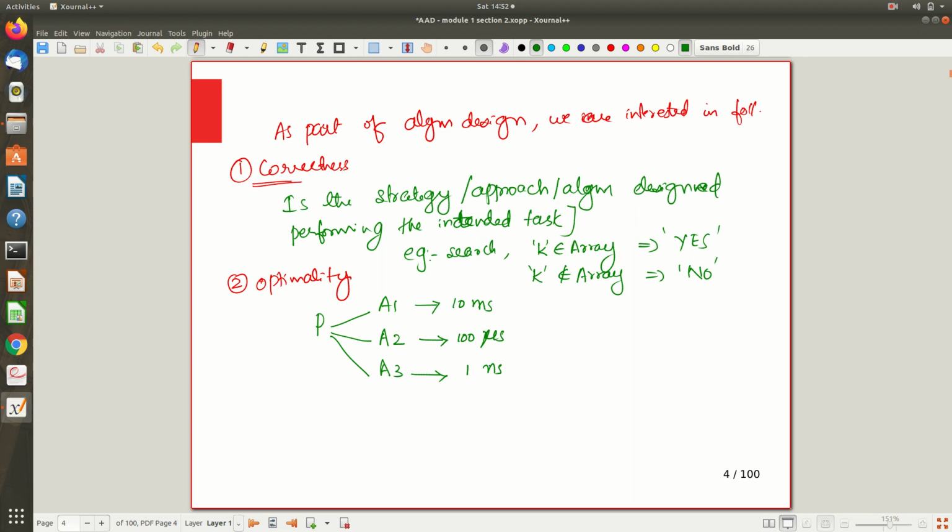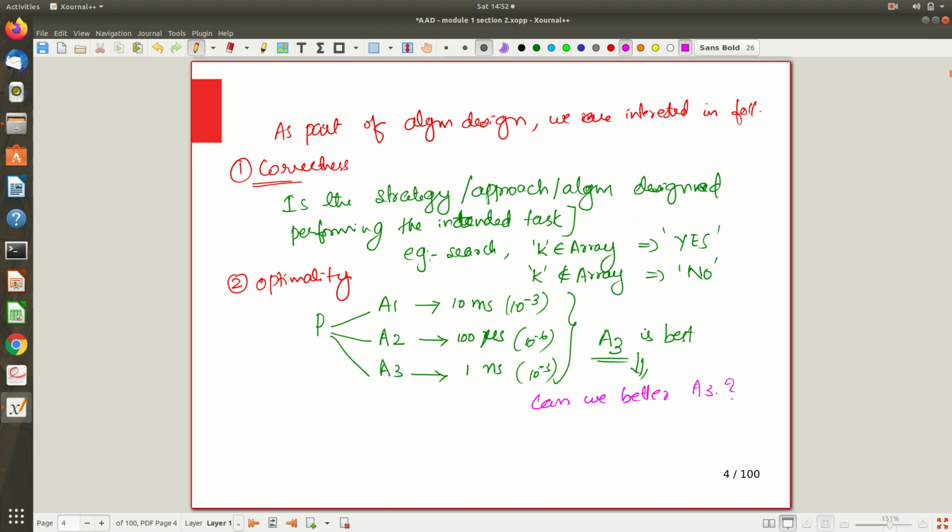You know milli is 10 raised to minus 3, micro 10 raised to minus 6, and nano 10 raised to minus 9. So I have 3 approaches. Now can you tell me which is the best one? Definitely you will answer A3. A3 is best. Why is it so? Because it is taking the least time, of course. Now the question is, can we better A3?